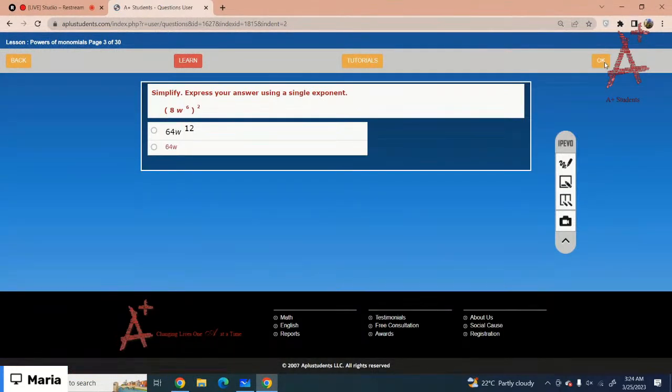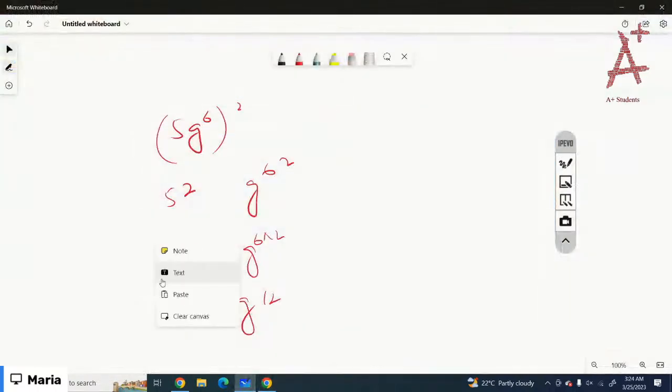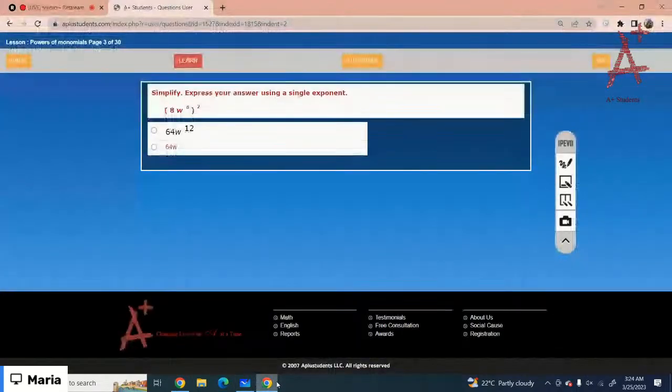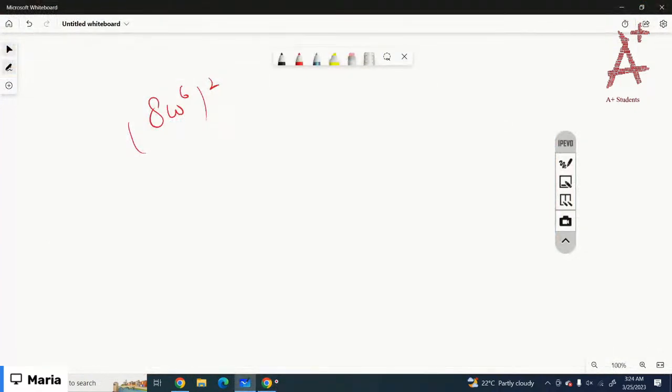Okay, the next one is 8w to the 6, exponent 2. Let me just check. That is the same one. Okay. So 2 is the exponent for both 8 and w to the 6.